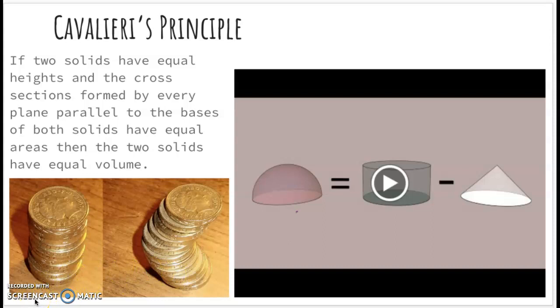You had a little stack of coins at a restaurant and you played with it, pushing it to the side, seeing how far you could bend the stack of coins before it tipped over. That's what's happening here. The volume of the coins doesn't change just because you've changed the shape of your figure. The coins represent the slices or the cross sections in the figure, and each coin is still the same size, creating the same volume. Let's check out this video.